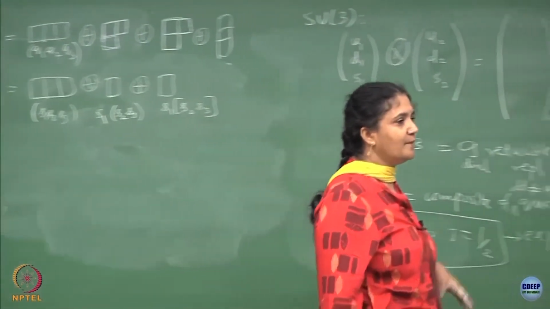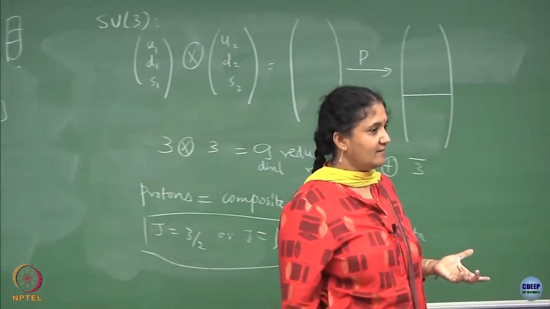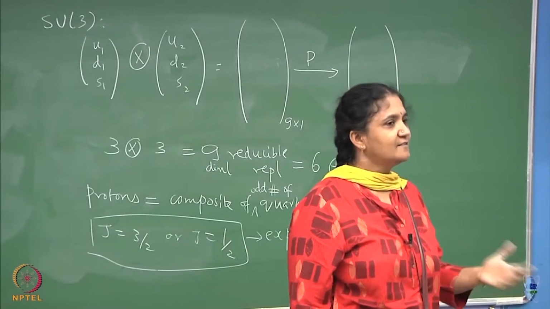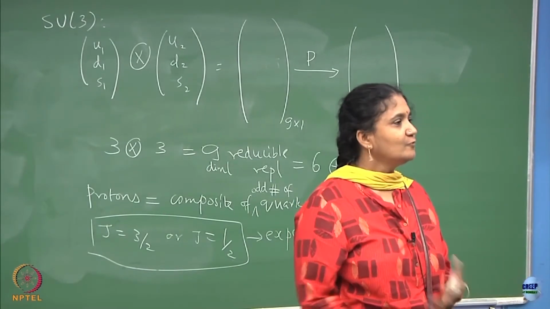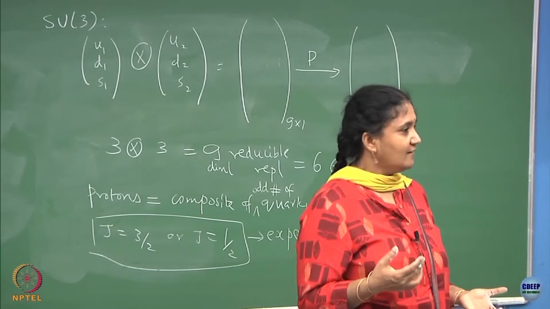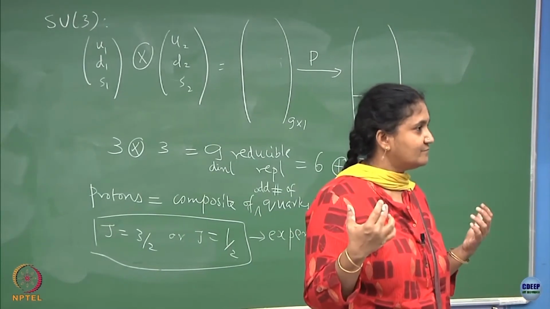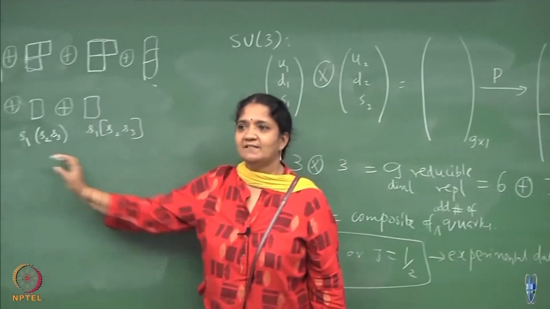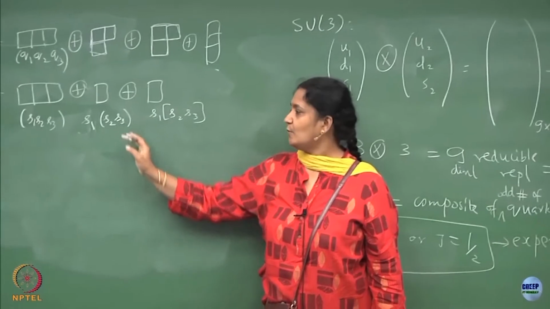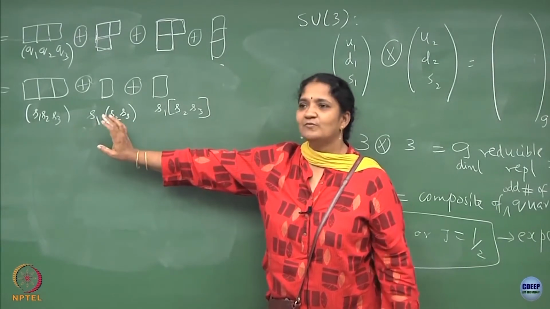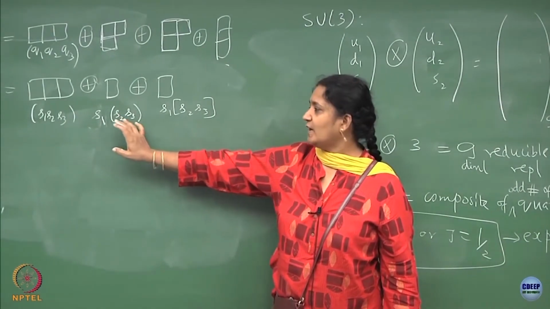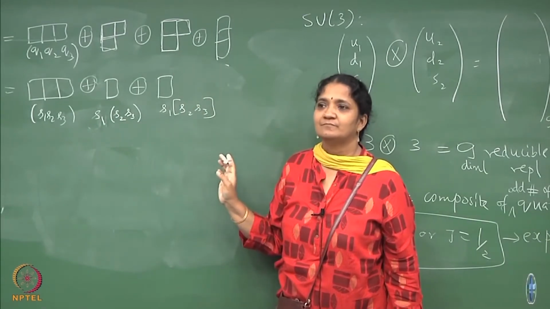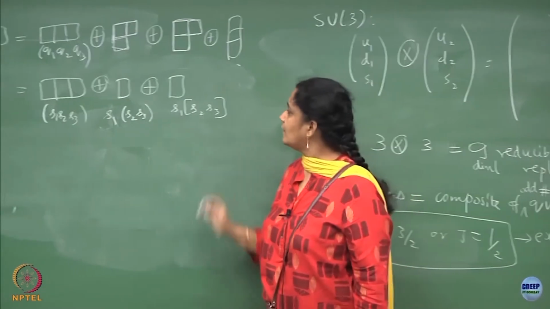You can have mixed tensors where some indices will be symmetric, some indices will be antisymmetric, and those are the mixed tensors, right. Similar thing can happen here. But as a diagram, this is the meaning, that there will be a subset which will have this S1 has no symmetry, S2 and S3 you can make it symmetric, or S2 and S3 you can make it antisymmetric, and write the states. Okay? Yeah.